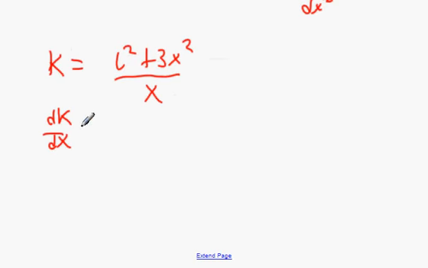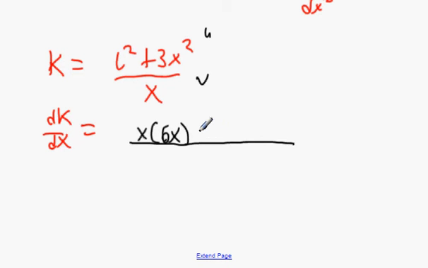So let's use the quotient rule, U and V. Quotient rule will turn out to be, what's it, v times du/dx? So x times, differentiate the top, 6x.